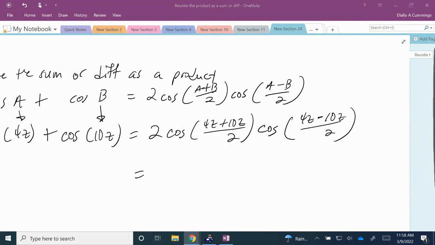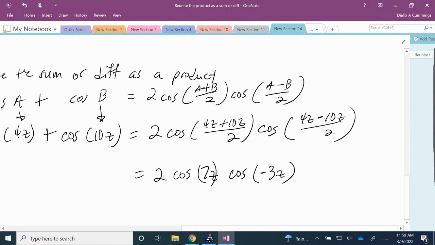Right, and if we simplify, we have 2 times the cosine of, well, 4z plus 10z is 14z over 2, and 14z divided by 2 is 7z, times the cosine of 4z minus 10z, which is negative 6z, and negative 6z divided by 2 is negative 3z.